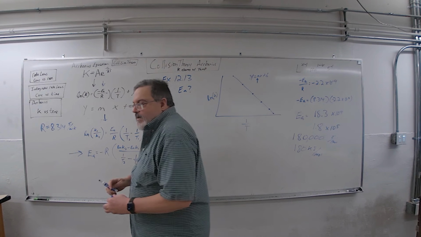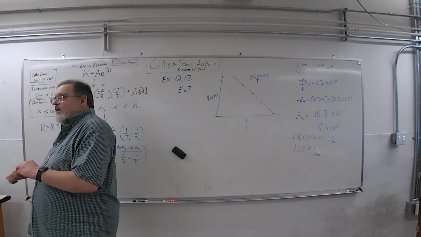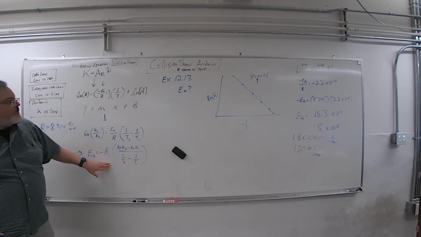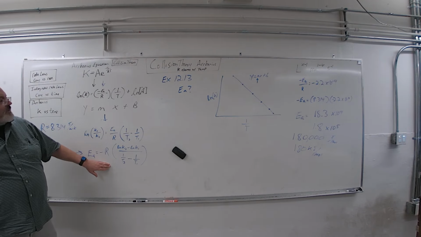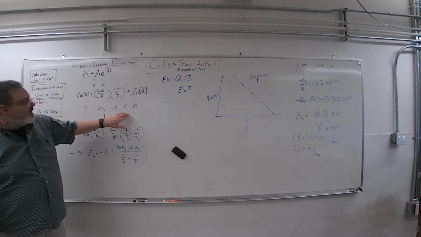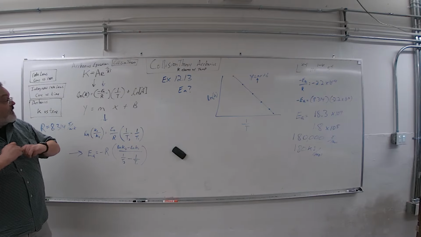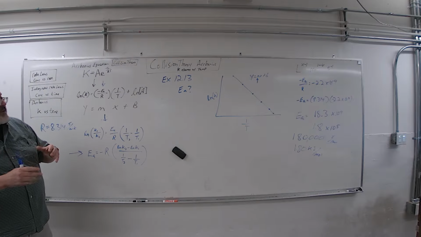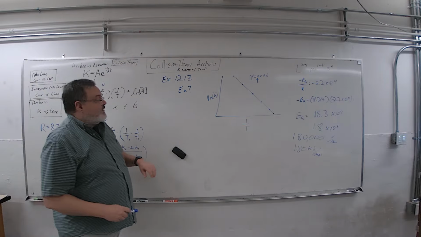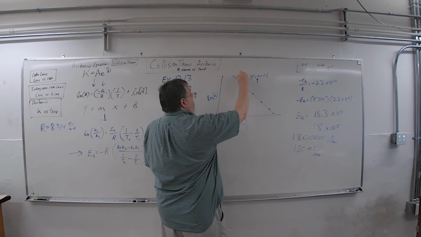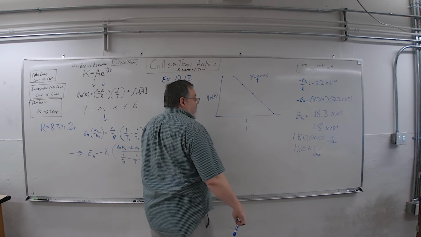If the data points lined up nice and neat along a straight line, then you can use this formula. But if it's messy experimental data, you have to use y equals mx plus b, find the slope. Truthfully, the way this example goes, it uses the first data point and the last data point to find the slope.